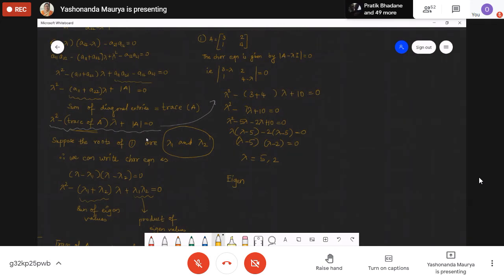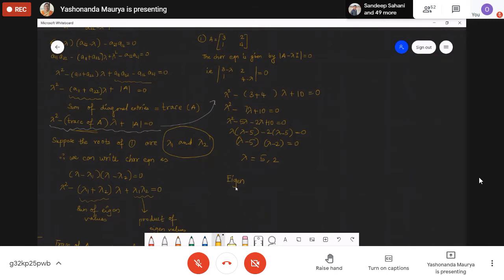So these are two different things. It depends on what information is given. If the matrix is given, then evaluating the trace and the determinant is easy. If eigenvalues are given, then that will be the way to construct the characteristic equation. Yes, ma'am, got it.